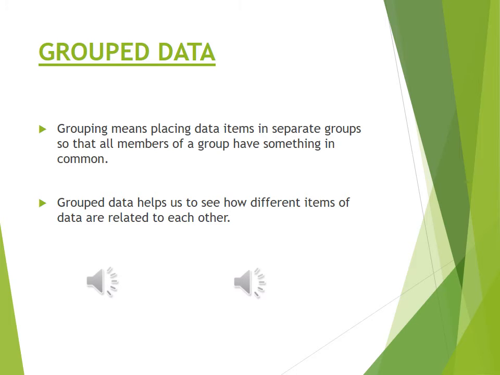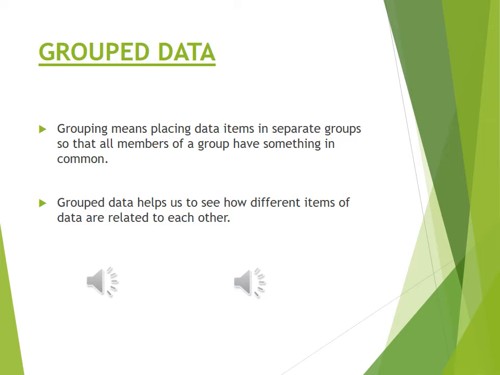Okay, the second form of data is group data. Grouping means placing data items in separate groups so that all members of a group have something in common. Group data helps us to see how different items of data are related to each other. So what is grouping? It means that we make groups and place data types in it. A question can arise in our mind: which data types can be placed together?